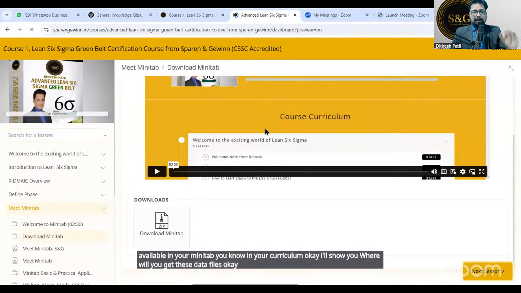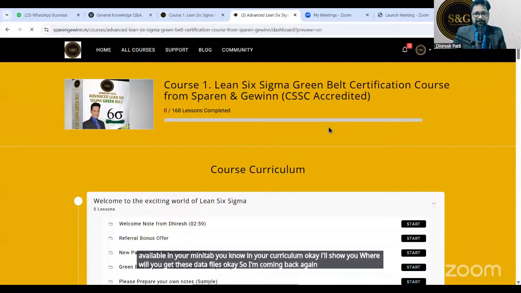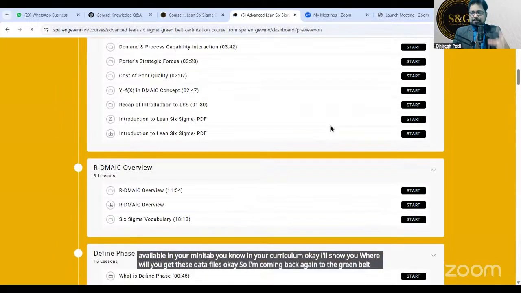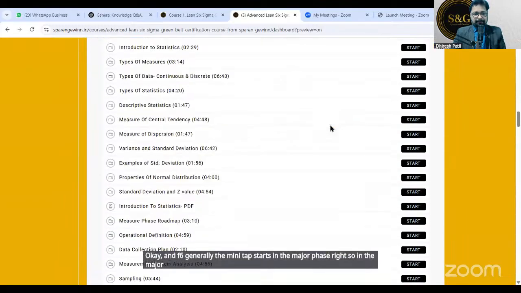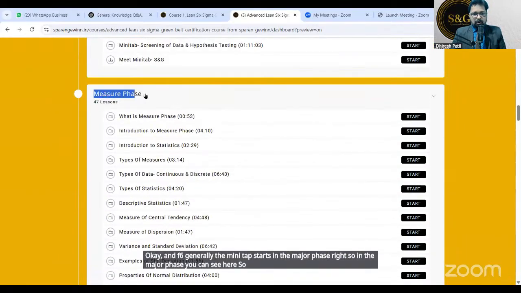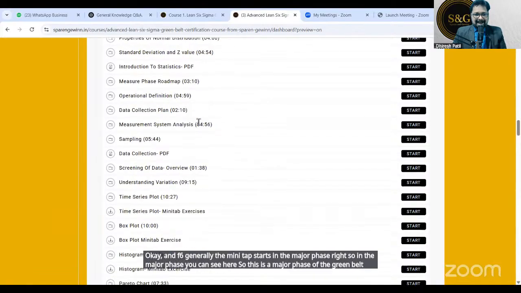See, Ronnie ji, all the data which we are giving you now, every data point, is available in your curriculum. I'll show you where you will get these data files. So I'm coming back again to the Green Belt. Generally the Minitab starts in the Measure phase, right? So this is the Measure phase of the Green Belt, and these are the topics.